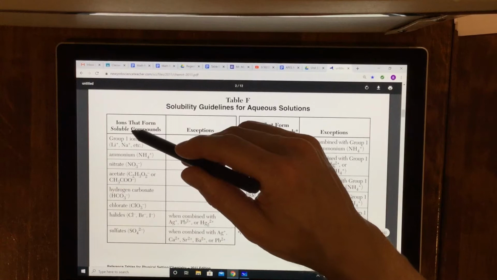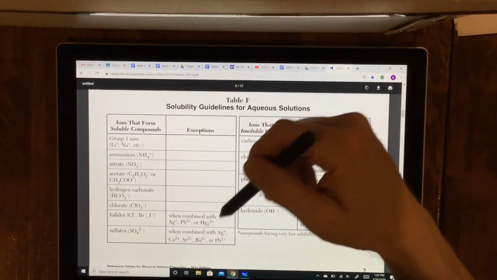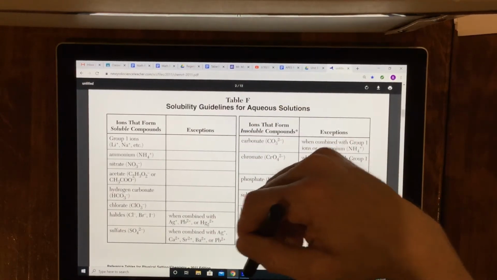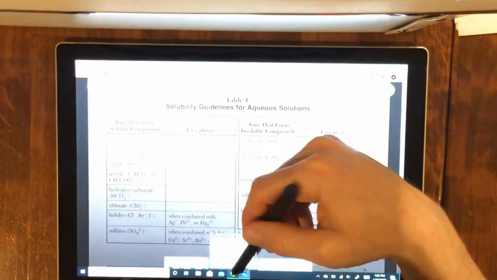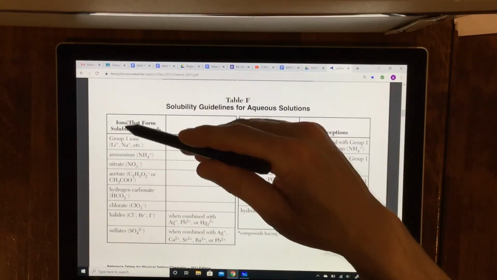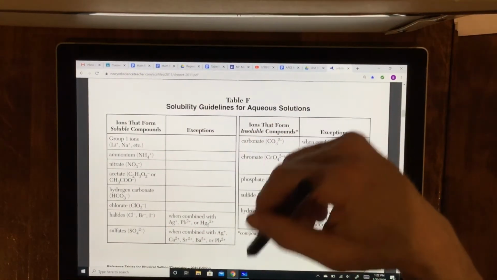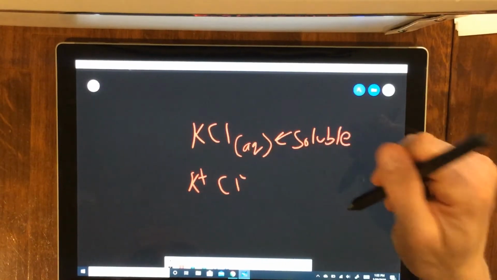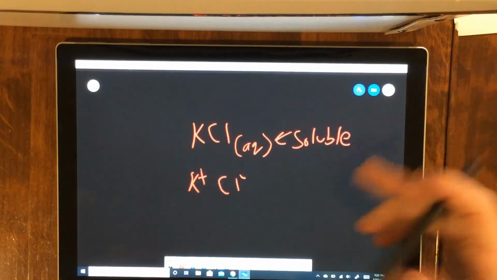That means aqueous, unless it's bonded to one of these three ions. Since potassium, K plus, is not one of these exceptions, then Cl minus is in fact soluble when bonded to K. So soluble, AQ, is correct.